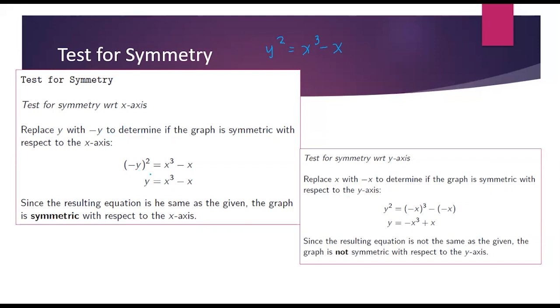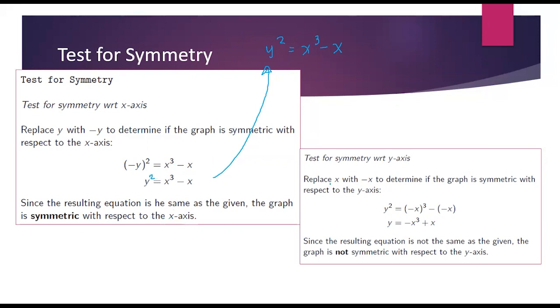Doing that, we have y squared is equal to x cubed minus x. Now you compare. As you can see, we have the same result. Our original equation is the same as the computed one. So meaning that the graph is symmetric with respect to the x-axis.